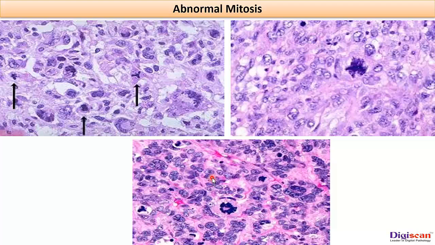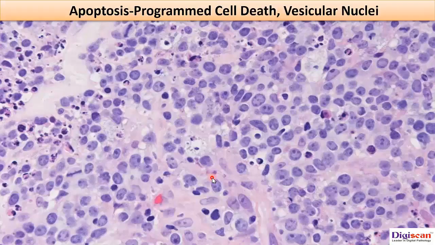The higher the grade of malignancy, the more the number of abnormal mitotic figures. Now we must differentiate mitotic figures from apoptosis when we are counting the mitotic figures in the tumors. Now what is apoptosis? Apoptosis is the programmed cell death, and in this the nuclei are vesicular, but the cells become apoptotic and they become a dense mass.